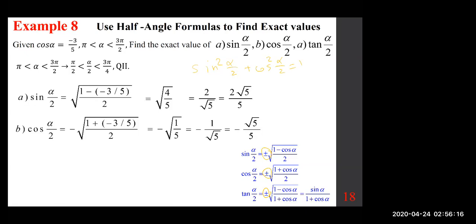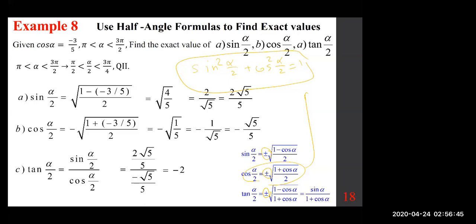So you don't have to use this formula, class. You can use the Pythagorean identity that you're familiar with. But remember, whenever you're done, you have to choose the positive or negative accordingly. Is everybody following that? So if I want to find tangent, I'm not going to use that formula. I'm going to say sine over cosine. It's faster. Do you see that? So you can always refer back to the formulas that you are familiar with.